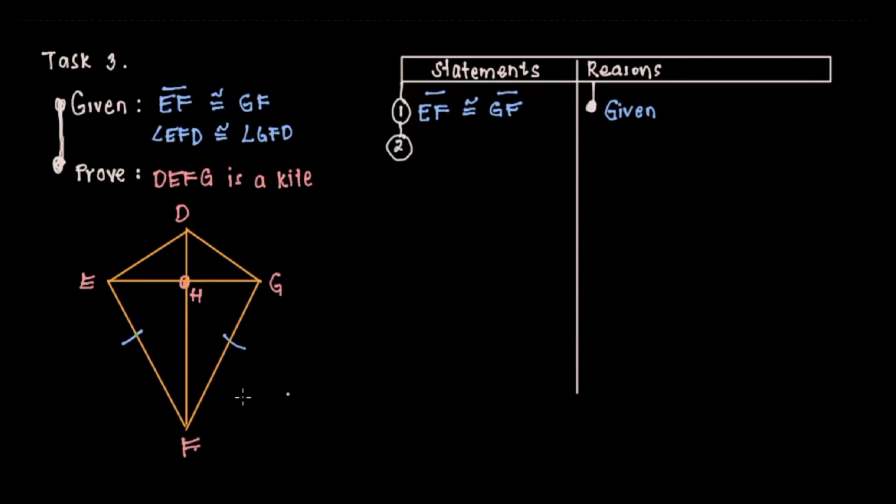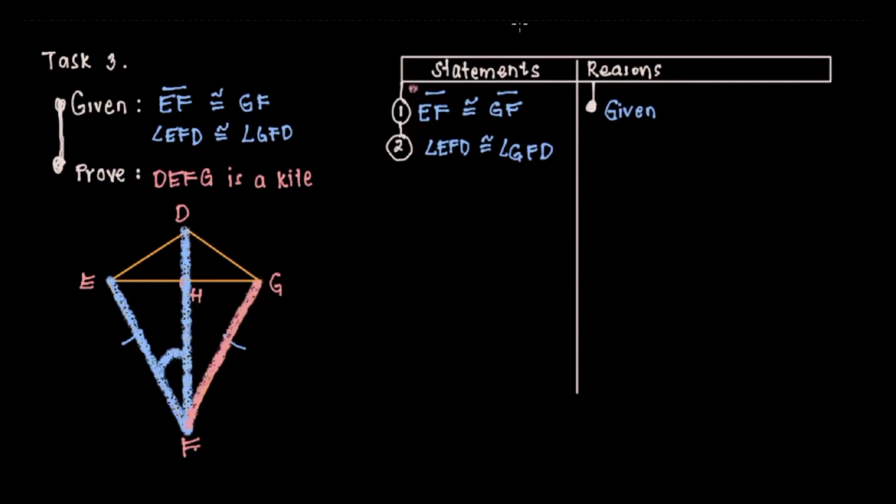Now, for our statement number 2, so we have also angle EFD is congruent to angle GFD. So now, I want you to look at this illustration. Angle EFD, ang sabi, congruent daw kanino, lagyan natin ng angle dyan, kay GFD.